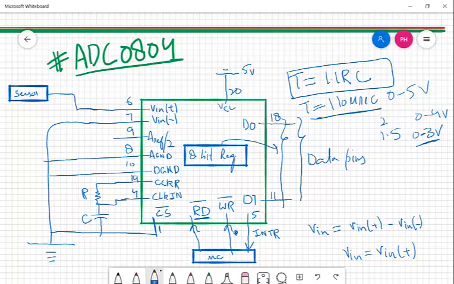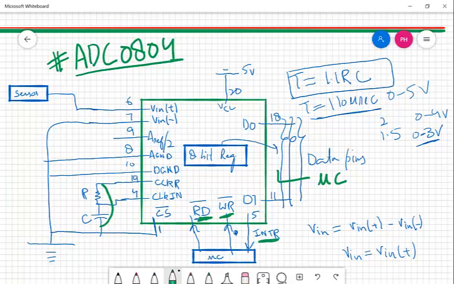So when we connect this ADC 0804 to a microcontroller, what will be the steps of converting an analog signal to a digital signal? First, the connections. These data pins will be connected to the microcontroller. Read will be connected to the microcontroller. Write will be connected to the microcontroller. INTR will be connected to the microcontroller.